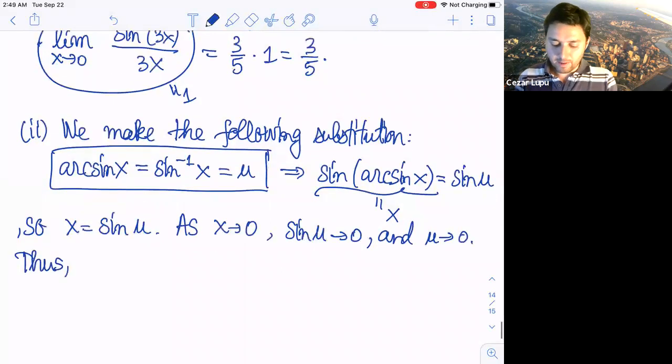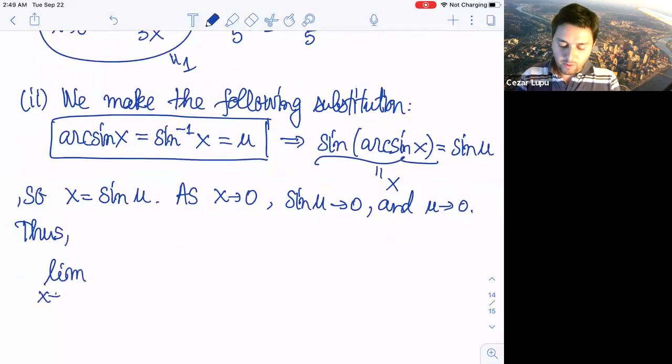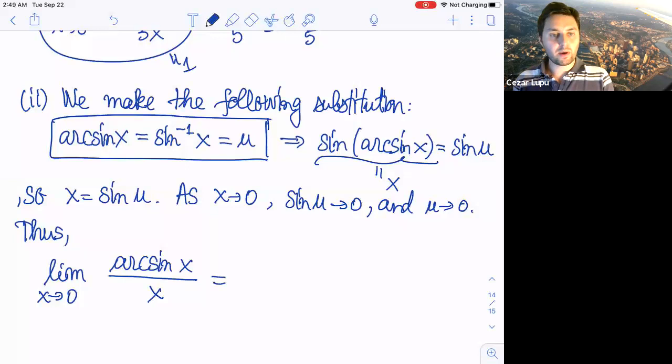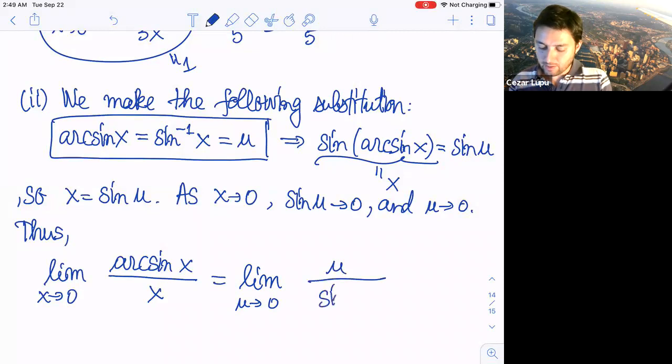Thus, the limit as x approaches 0 of arc sine of x over x, writing everything in the new variable, will be the limit as u approaches 0 of u over sine of u, since arc sine of x is u and x is sine of u.